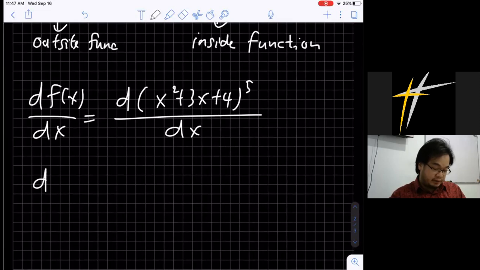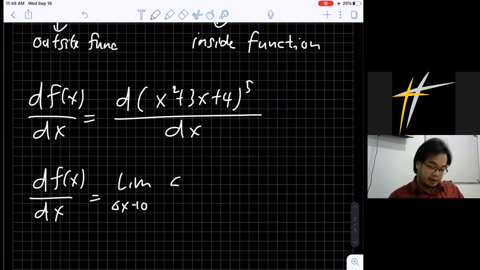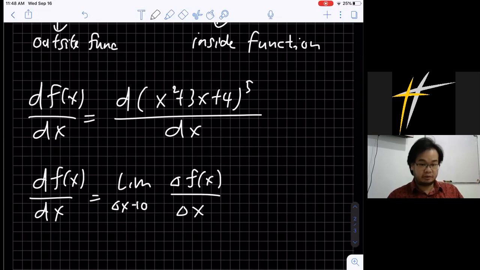To find the definition of the derivative itself, it is actually the limit as delta x approaches 0 of delta f(x) over delta x, right? The limit of delta f(x) over delta x as delta x approaches 0, the rise over run, the slope, the delta y over delta x.